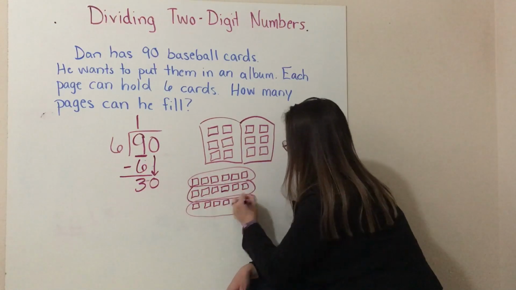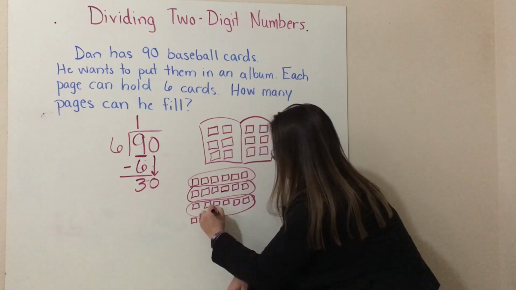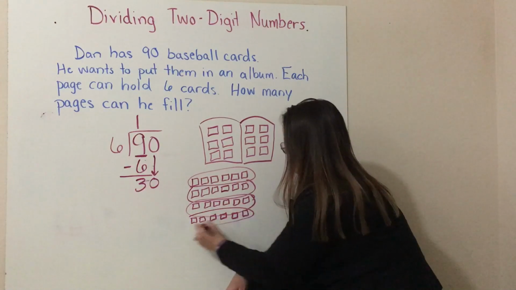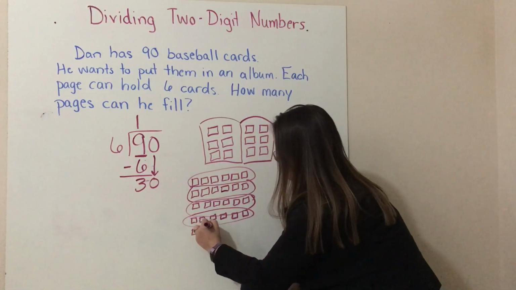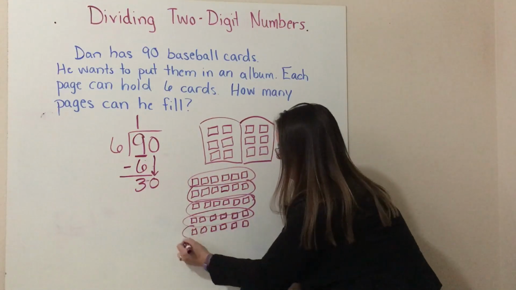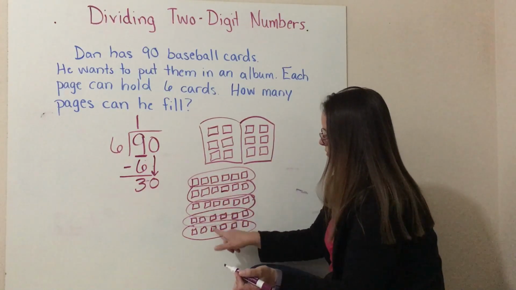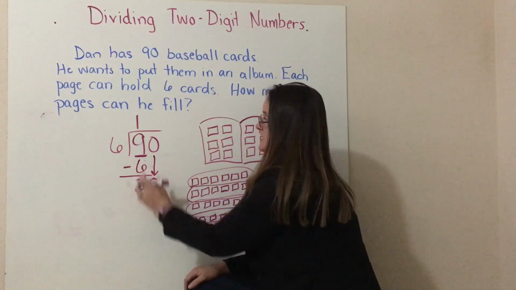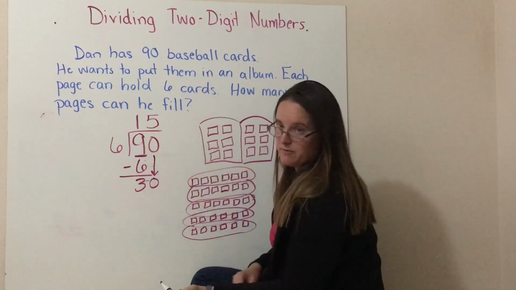Now I have 18, a third group of 6. 24, a fourth group of 6. And 30, so I have 1, 2, 3, 4, 5 groups of 6. So 6 goes into 30 5 times, and we put that digit above the 0.